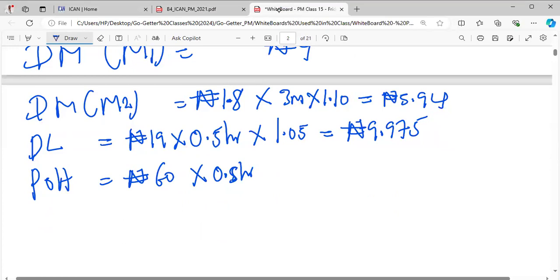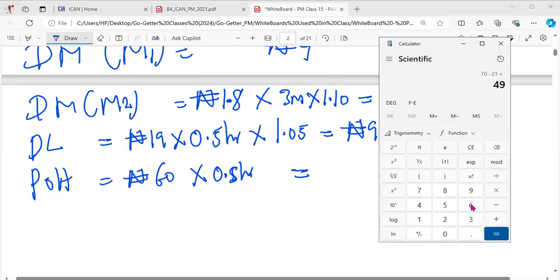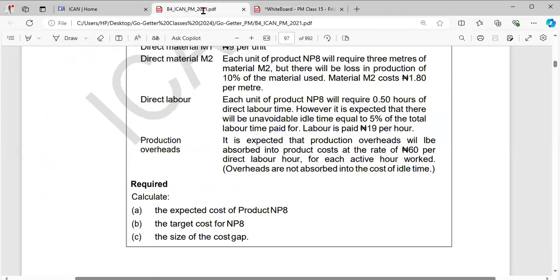You will not include the idle time. So that should be 60 multiplied by 0.5. That should be 30 naira.